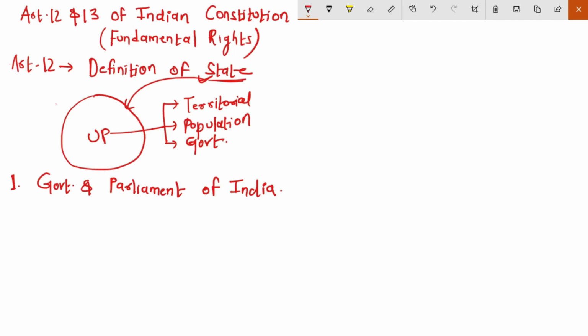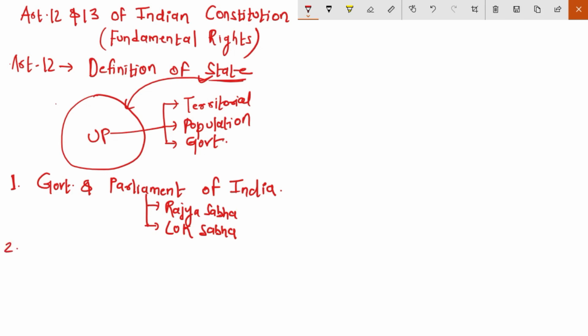We know that in India we have a bicameral legislature. One is Rajya Sabha, or the upper house, also known as the Council of States, and another one is Lok Sabha, or the lower house, the House of the People.